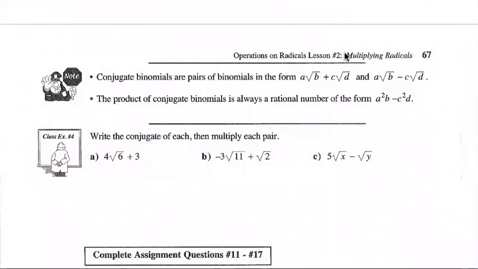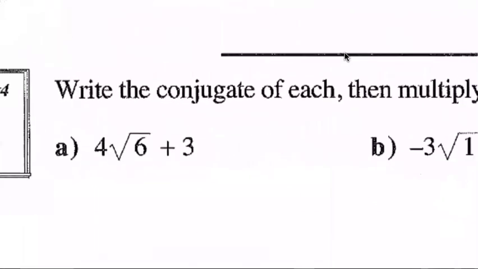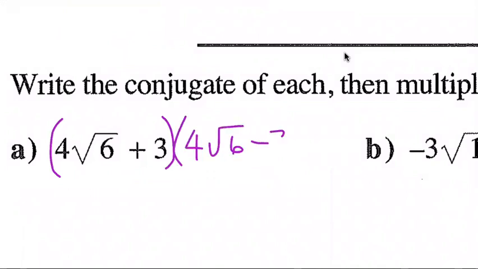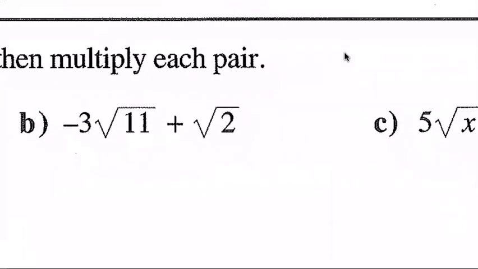So if we look at example 4, write the conjugate and then multiply. Well, let's write the conjugate before we multiply. If this is 4 root 6 plus 3, then the conjugate is 4 root 6 minus 3. Question B, if this is our binomial, -3 root 11 plus square root 2, then our conjugate is -3 square root 11 minus 2.